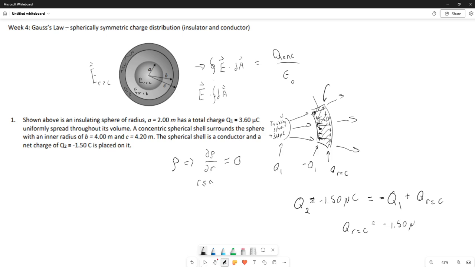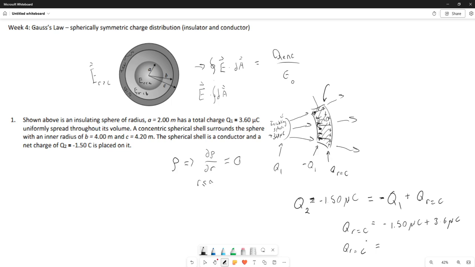negative 1.5 microcoulombs, and then I can move the positive Q1 over to the other side, which is 3.6 microcoulombs from the problem. And so now we can get that charge on the outer shell. See, we haven't even touched the electric fields yet, but we can make these relations without having to know the electric fields, because we know how conductors react in a static situation due to an external electric field.